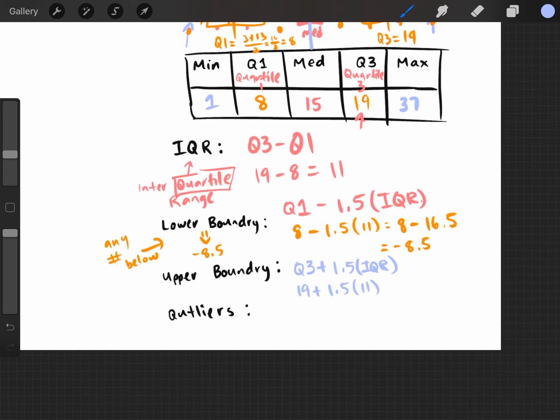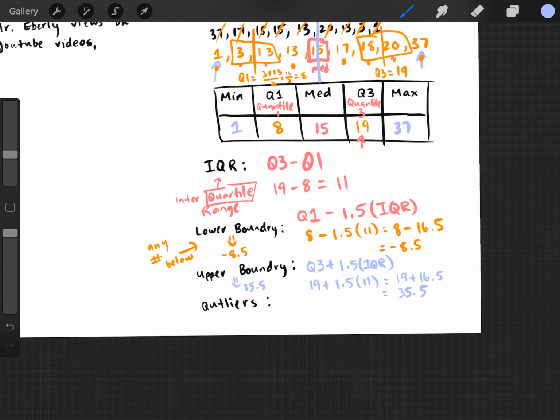For our upper boundary, though, instead of subtracting, we're going to add, and we're going to use Q3. So to find our upper boundary, we take Q3 and add 1.5 times the IQR. So a very similar idea. Q3 is 19 plus 1.5 times 11.